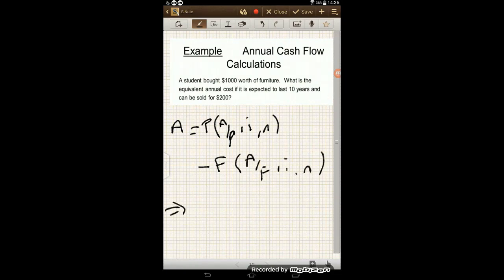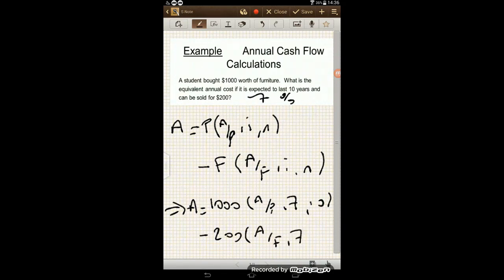If we write it in mathematical form, the present value is 1000, times A over P, where i is again 7%, which is not written here but we know it is 7% from the previous question, and n is 10 years again, minus 200 times A over F, 7% for 10 years again.